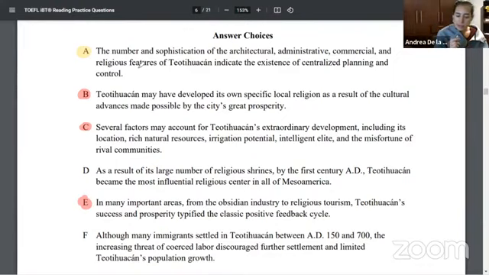So let's say this passage was about the rise of Teotihuacan. In general, they talked about a lot of things, right? They talked about their natural resources, the competitors and the volcanic eruptions that happened with the other cities.